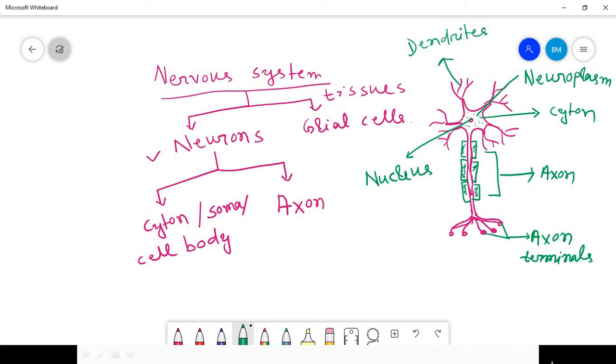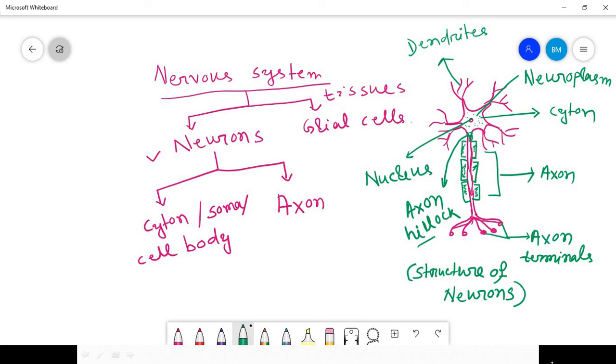Mitochondria is also present here, and there is a knob, the beginning of the axon, called as axon hillock. This is the structure of neurons.